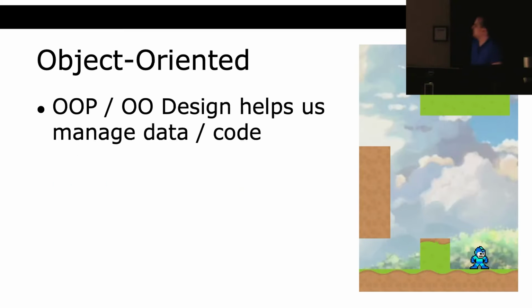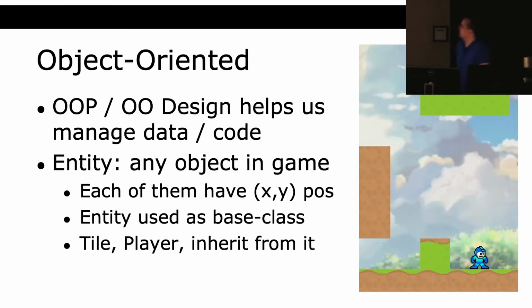So in object-oriented programming and object-oriented design, why we do that is that it helps us manage the data and the code. So if we were doing a pure object-oriented way of programming a game like this, then an entity would be any object in the game, and so we would use entity as the base class to store the things that are common to all of the entities.